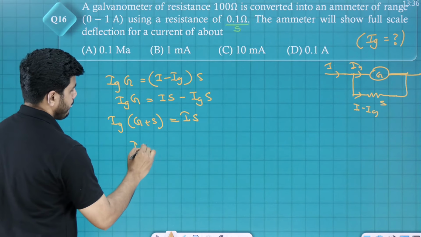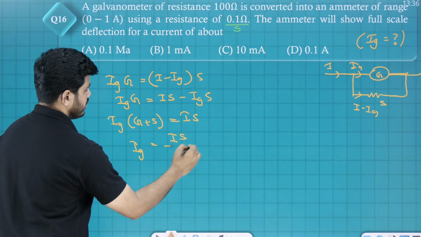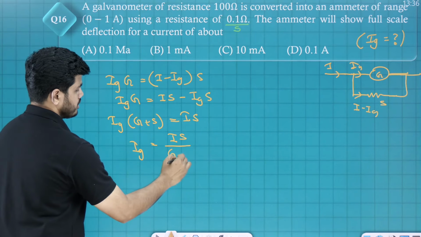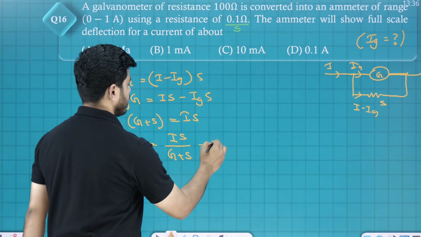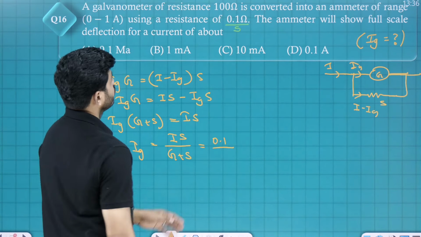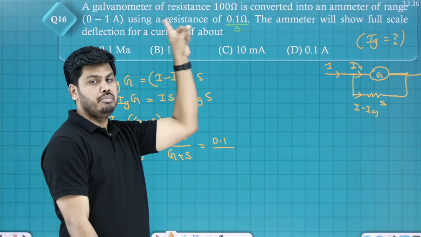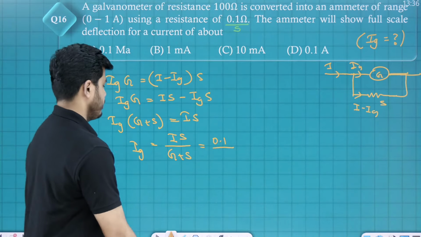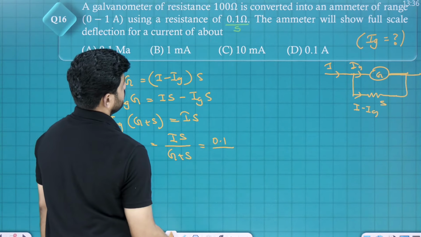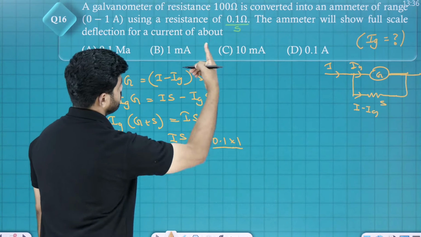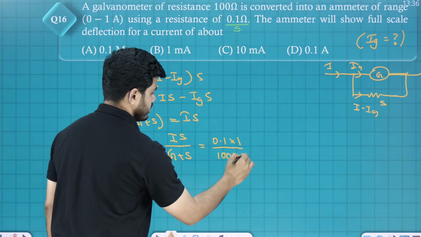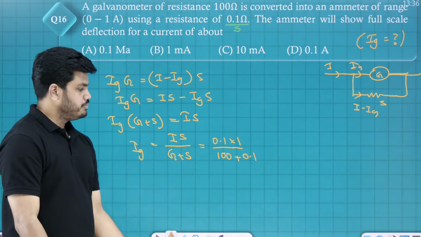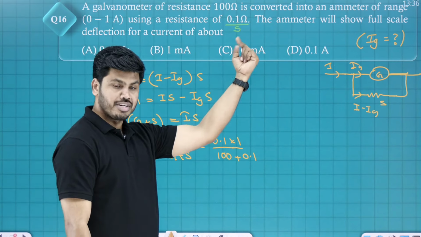So let's go for Ig. What is Ig now? I into S divided by G plus S. What is S? 0.1. 0.1 into current is 1 ampere, right? The limit, or the range, is going to be 1 ampere. Then divided by G plus S, G is 100 plus 0.1, that is the value of the shunt resistance given.